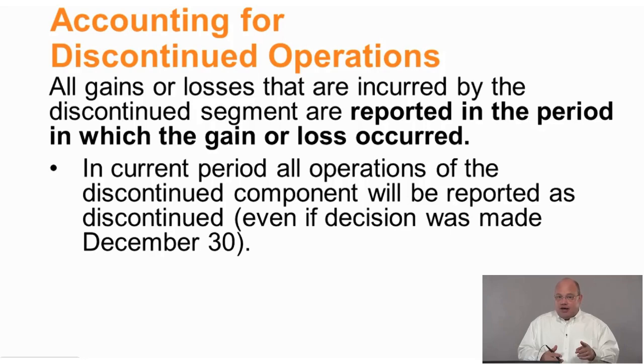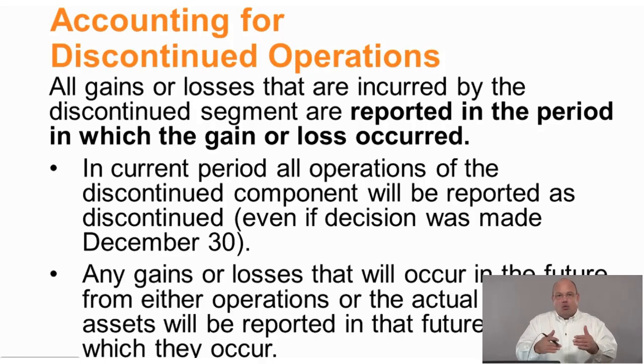If on December 30th they said, we're going to sell Division B, we're going to sell half our company, well, what we do is we go back to January 1st, and we take all those transactions that were part of that discontinued operation and move them down below continuing operations into that discontinued operations section. The gains and losses that we expect will happen in the future, connected to operations and to the sale of the assets, we will report next year when it happens. This year is reported this year, next year is reported next year. And it's all reported separately in that discontinued section.